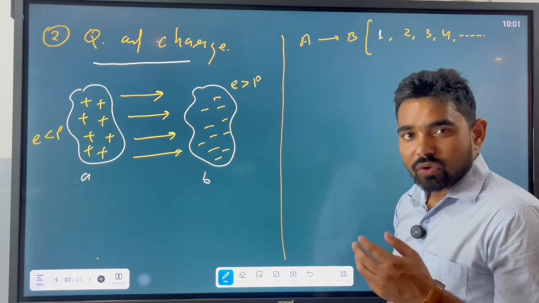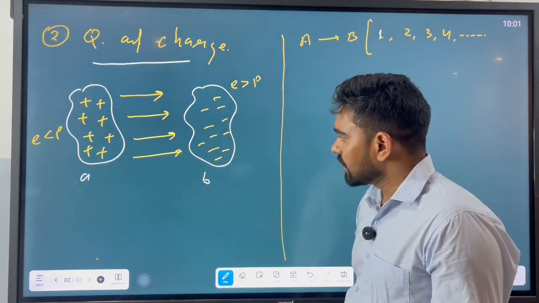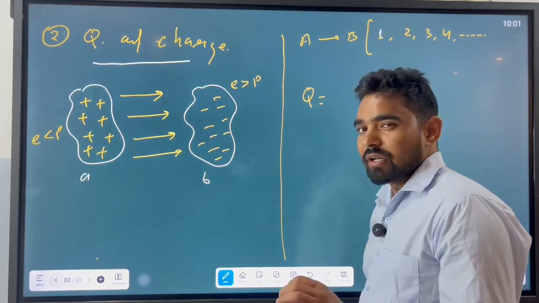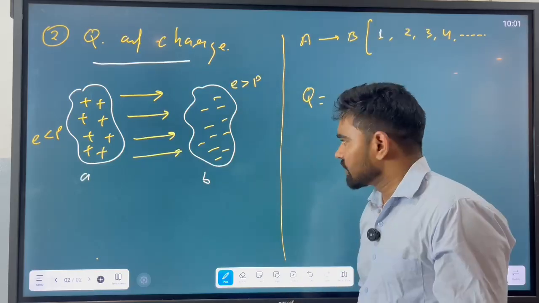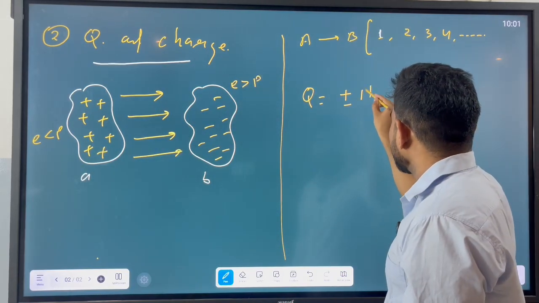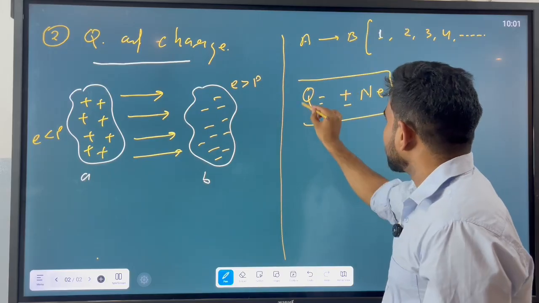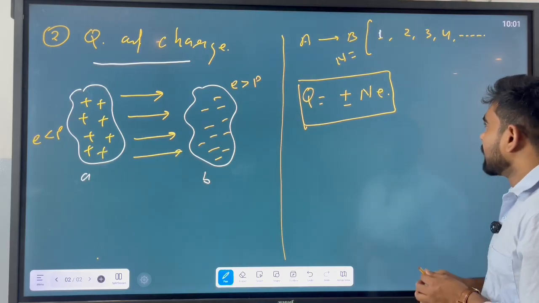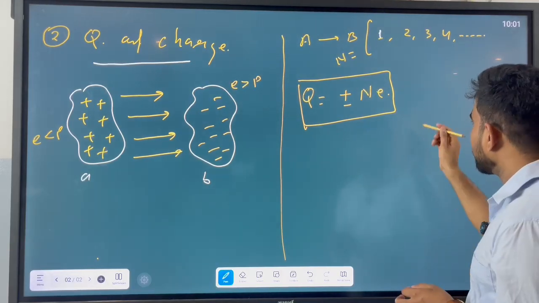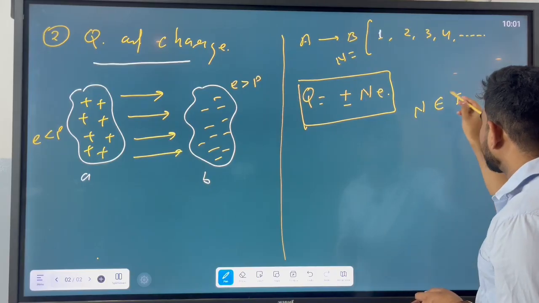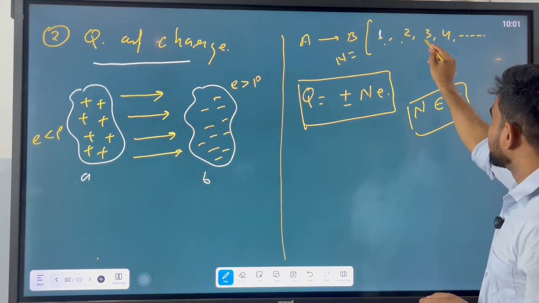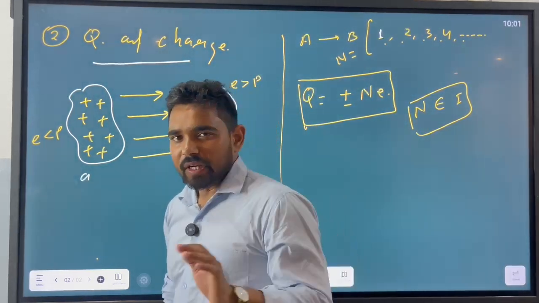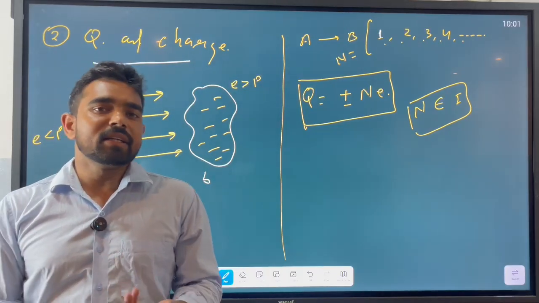Here the total charge of body A and body B is an integral multiple of the transferred electrons, plus or minus Ne, where N is the number of electrons transferred, and the value of N is a whole number like 1, 2, 3, 4, 5, 6, 7, 8, 9, 10. This is the concept of quantization of charge.